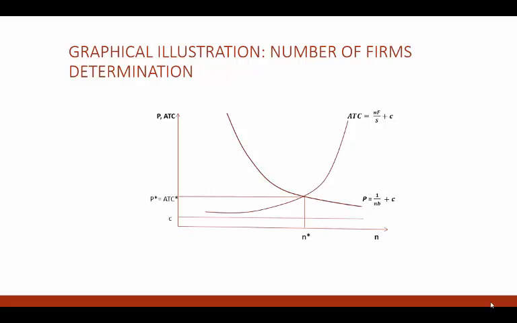The long run outcome can be depicted graphically, where we solve for the number of firms as the point of intersection between the price function and the average total cost function. As depicted, P and ATC are drawn together as functions of N, with other parameters assumed as being given. The price function is inversely related to N, that is, as more firms enter, price falls from competition.